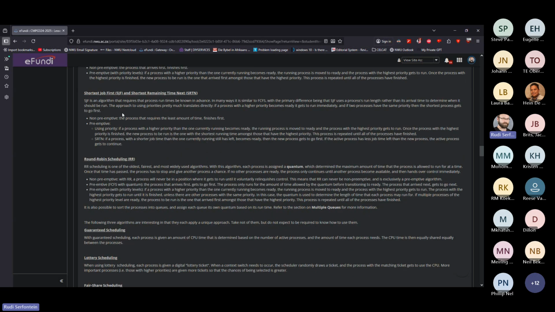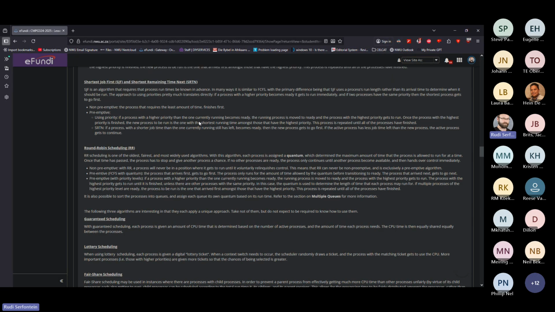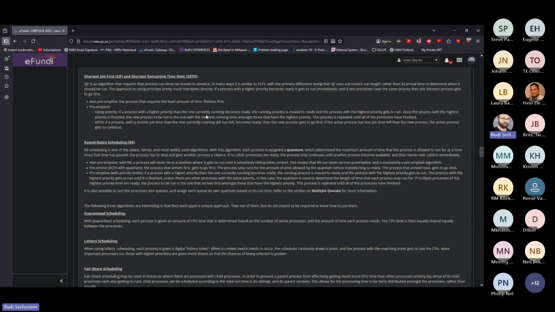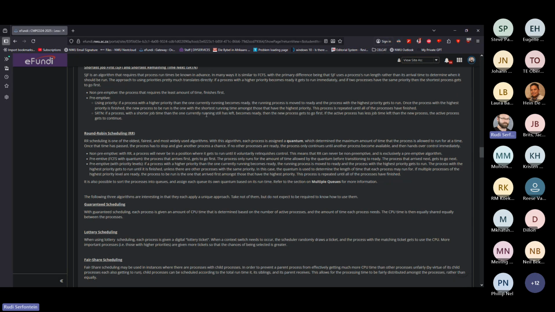Shortest job first, priority levels as well, your shortest remaining time next, also with your priority levels. So make sure that you can apply those in the correct way. All of the examples that are on eFundi are examples of algorithms you need to be able to apply.